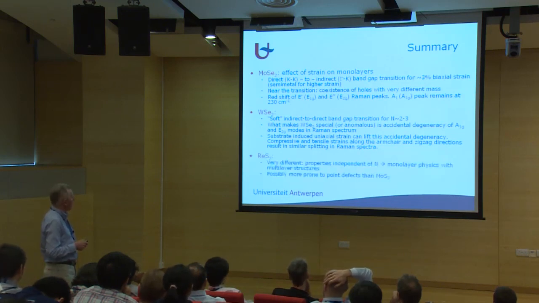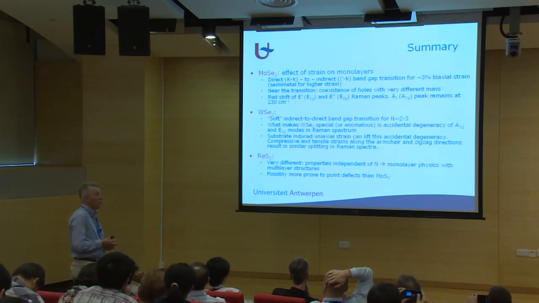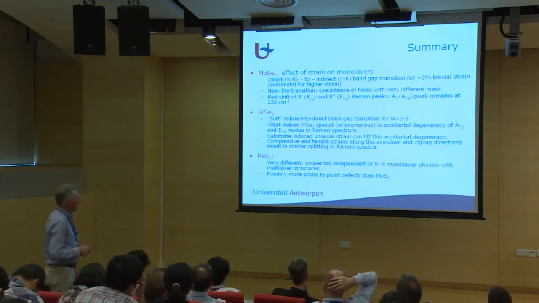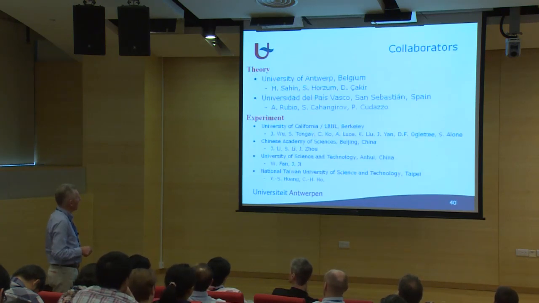Then rhenium disulfide has very different properties, which are almost independent of the number of layers. So you can do monolayer physics with multi-layer structures in this case. And the system is also more prone to defects than molybdenum disulfide.